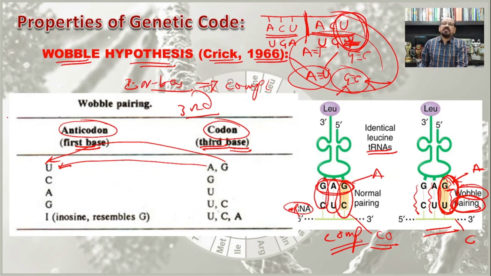In such a situation, the third nitrogen base pairs with Wobble pairing. So such an unusual pairing is known as the Wobble pairing, and this is the reason behind the degeneracy of the genetic code, that is why more than one codon is used to specify the same amino acid.